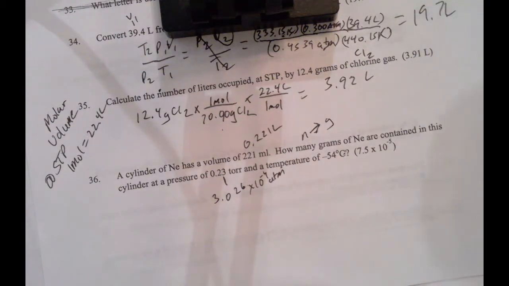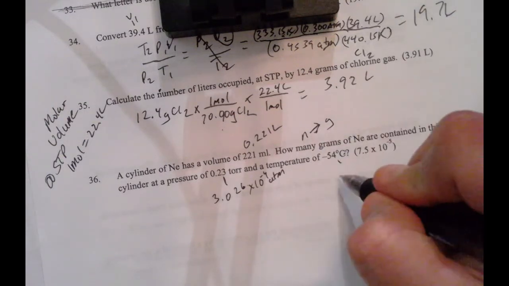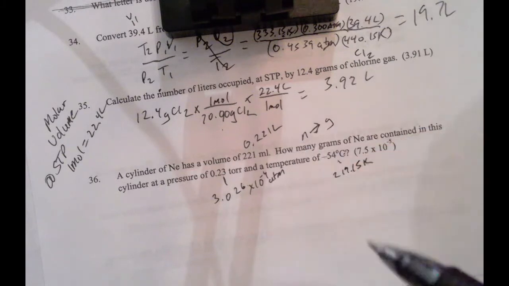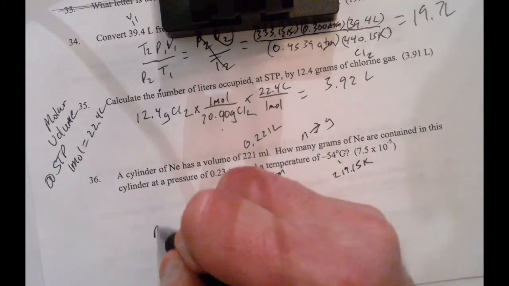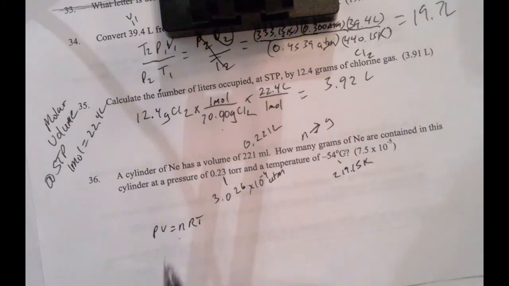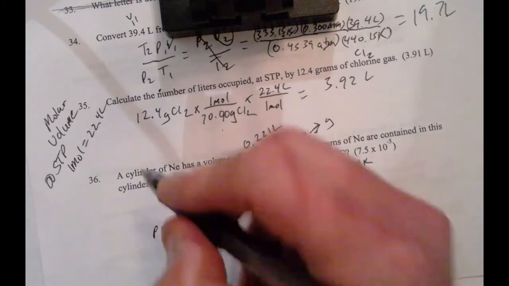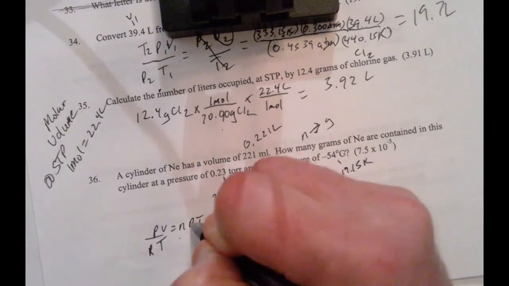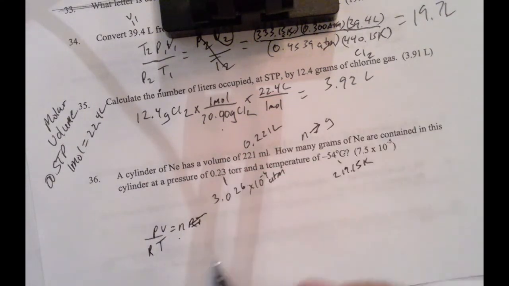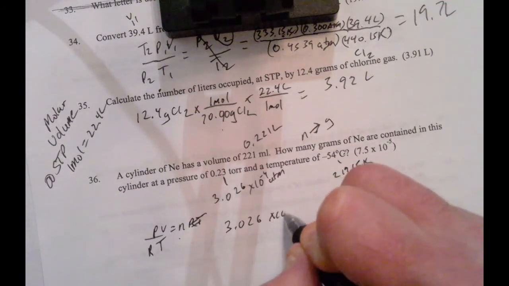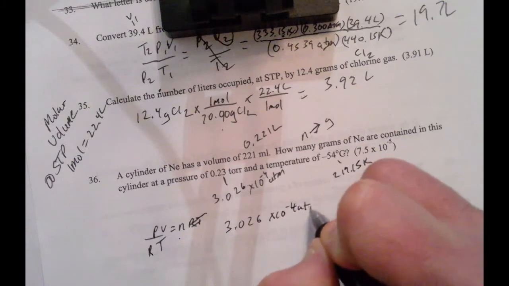Negative 54 plus 273.15. The answer is 219.15 Kelvin. So this is PV equals nRT. We're going to solve for n, so we need to divide both sides by RT. So our pressure here is 3.026 times 10 to the negative 4th atmospheres.